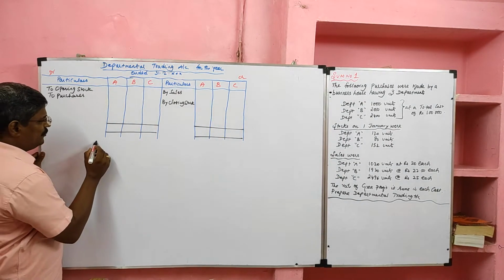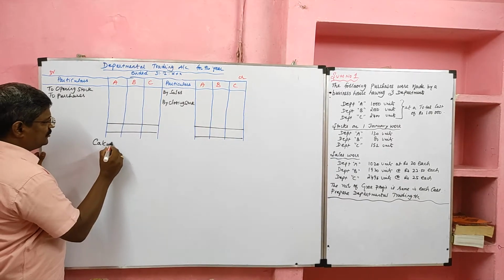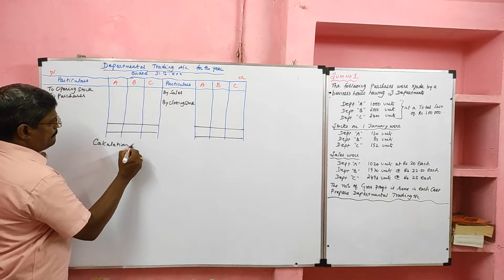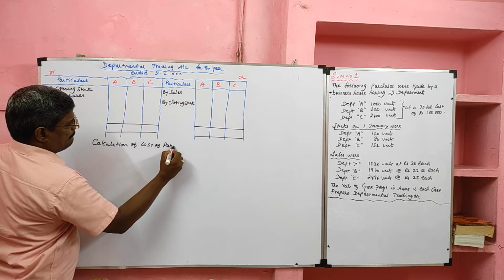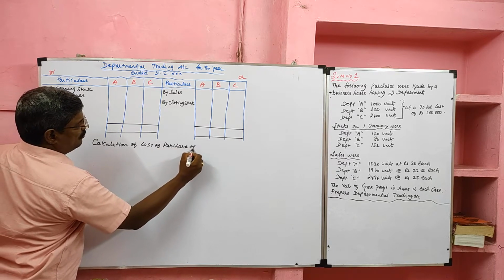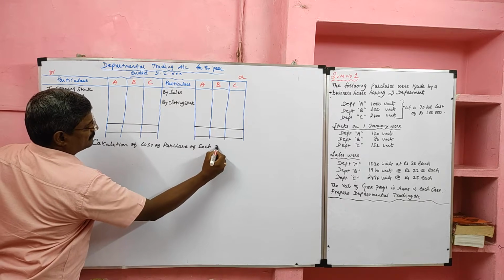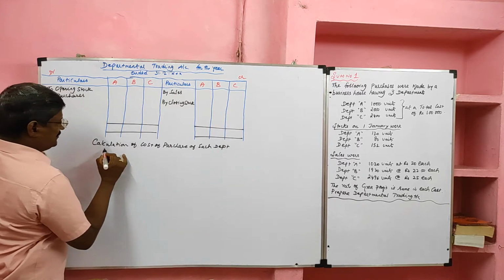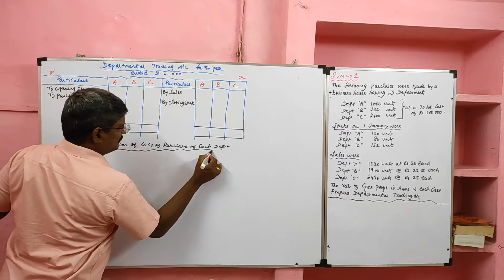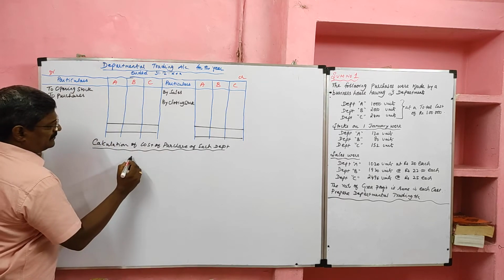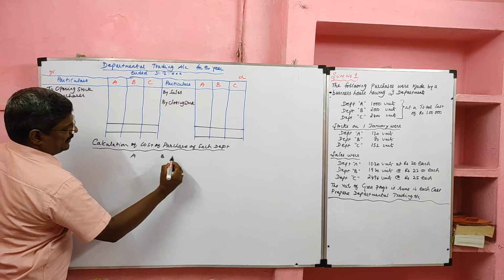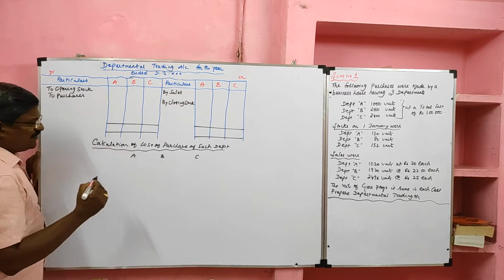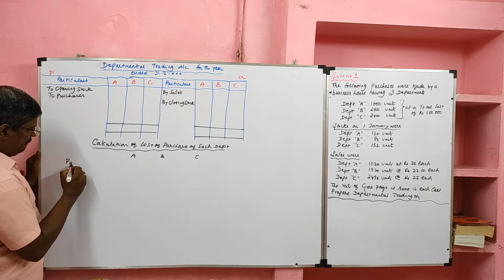First I am going to teach you calculation of cost of purchase of each department. There are 3 departments. First department A, second department B, third department is C. First take the purchase quantity.